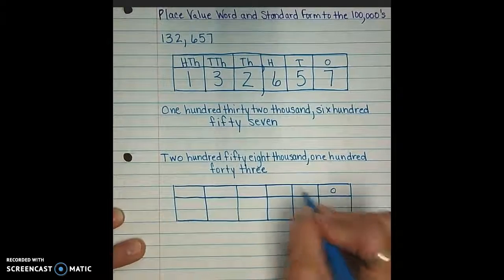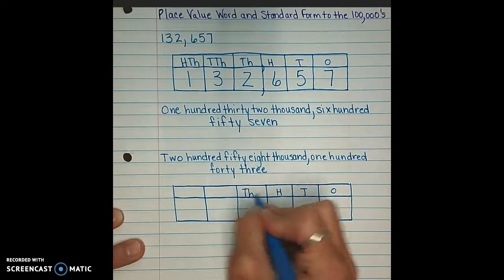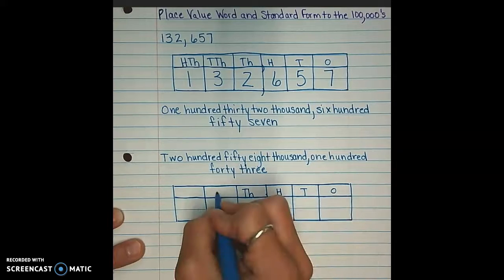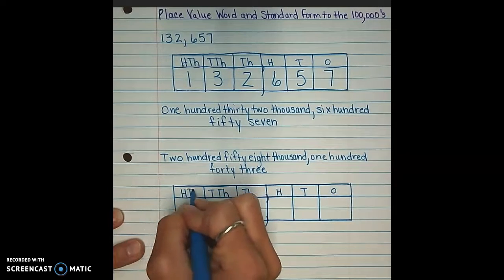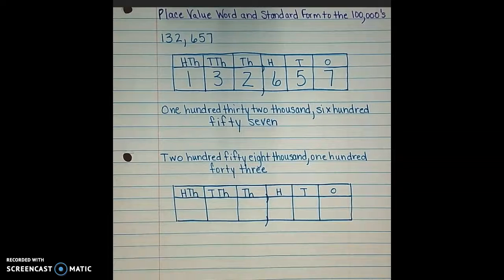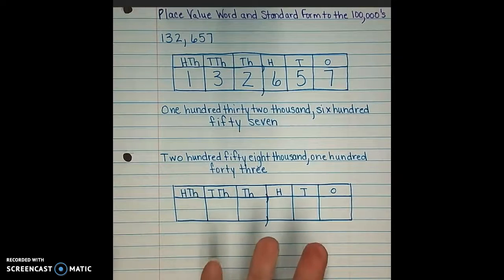I have my ones, my tens, my hundreds, my thousands. I put my comma in, my 10,000s, and my 100,000s. Now I'm going to use the word form to put my number in my place value chart.